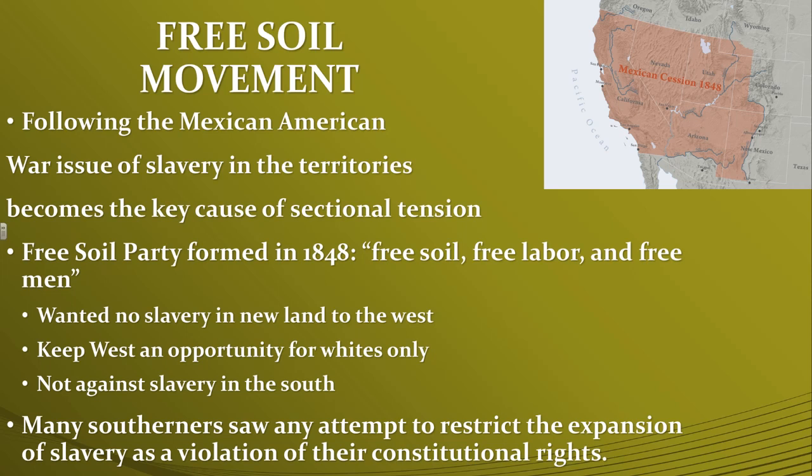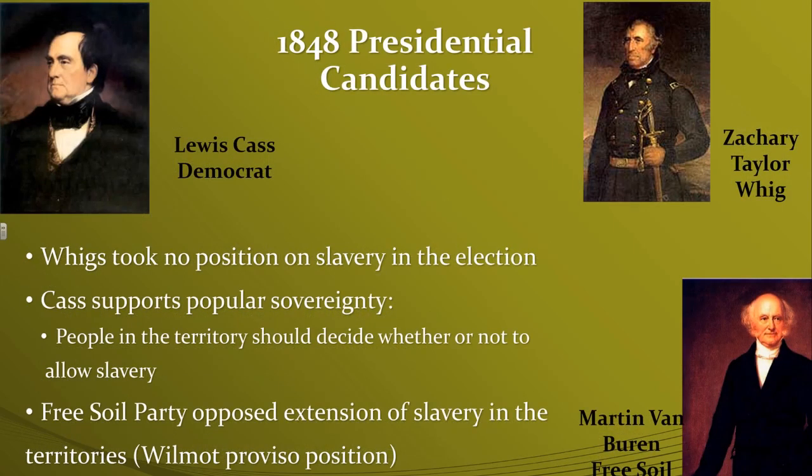A figurehead, if you will, or a person to associate with this party would be Abraham Lincoln. He has this mentality, even though he's going to become what we call a Republican in a couple of years in 1854. Even though we kind of consider him an abolitionist because of what he does later on, he is a free soiler. He just doesn't want to see the expansion of slavery.